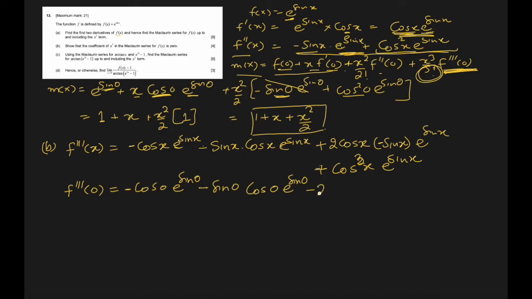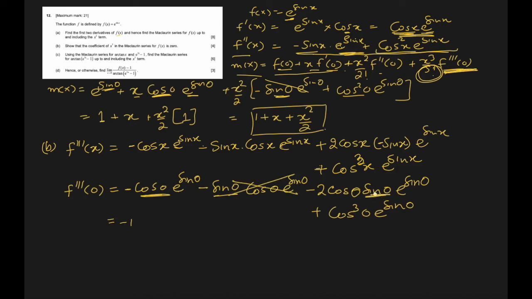So minus 2 sine x cos 0 sine 0 e to the power sine 0 plus cos cube 0 e to the power sine 0. This cos 0 is 1. So minus 1 e to the power sine 0 is e to the power 0, because sine 0 is 0. That is 1. So gone. Sine 0 is 0. So this whole thing is gone.